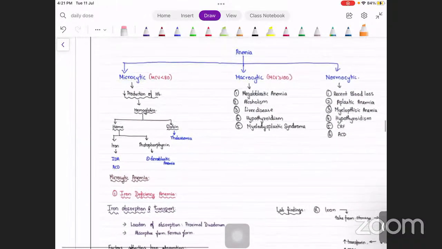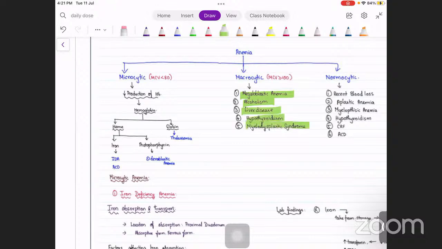So how do you classify anemia, people? We classify anemia based on the MCV value into microcytic, normocytic, and macrocytic anemia. The causes of macrocytic anemia could be megaloblastic, alcoholism, any liver disease, hypothyroidism, or any myelodysplastic syndrome.